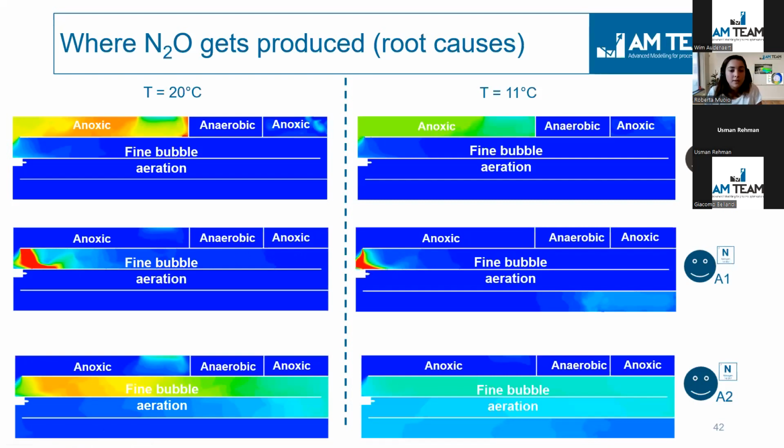But on the other side, we can see that there is some production by the A1 process in the final part of the reactor, where the N2O concentrations are quite low. For the A2 process, we can see that the highest production is now reduced at 11 degrees, but their production is occurring throughout the whole aerated zone.